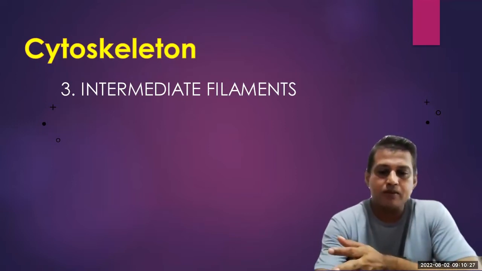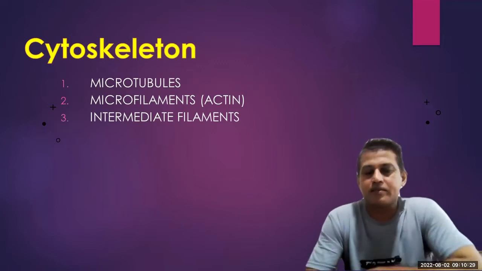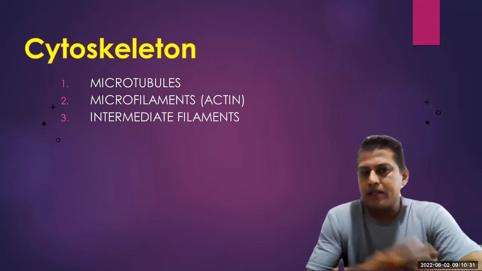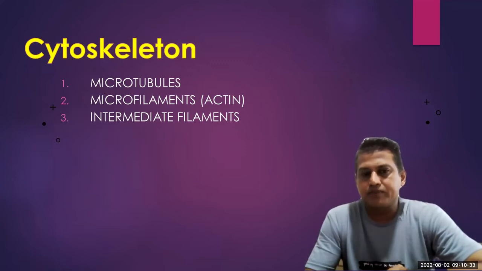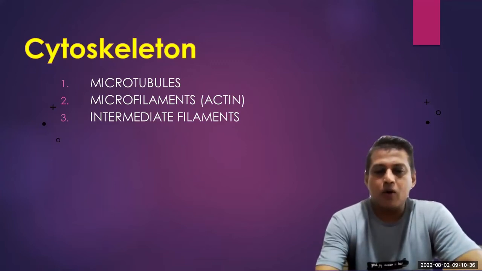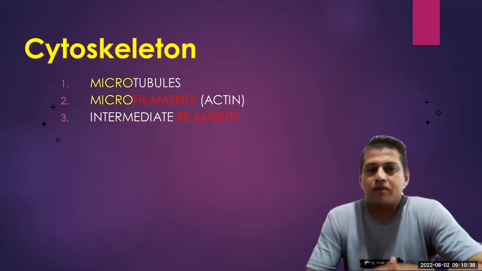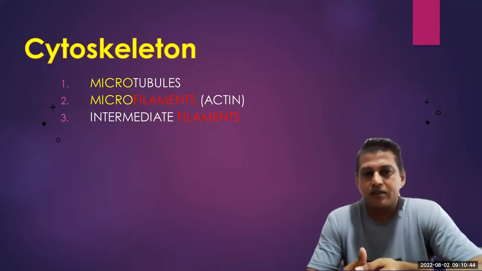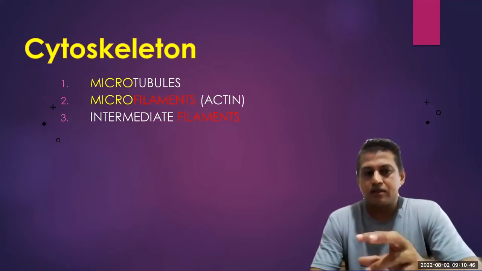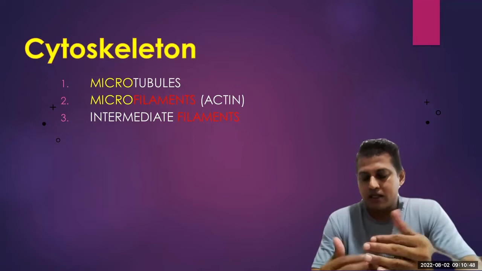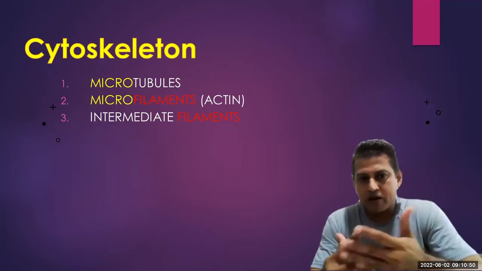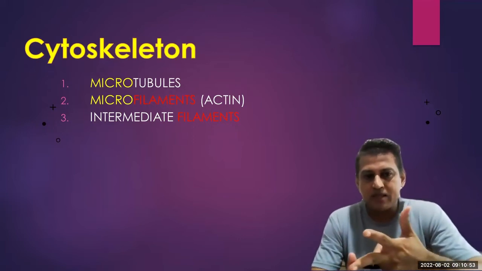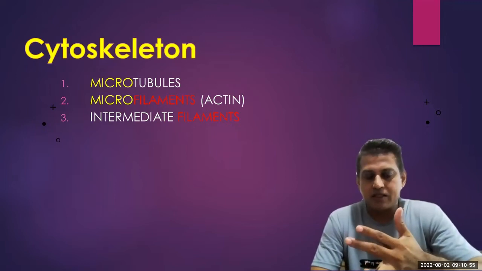Intermediate filaments. If you look at these three filaments, the words are a little bit confusing, because the first and second one have micro, and the second and third one have filament. It sounds similar, but you have to clearly separate them into three: microtubules, microfilaments, intermediate filaments.